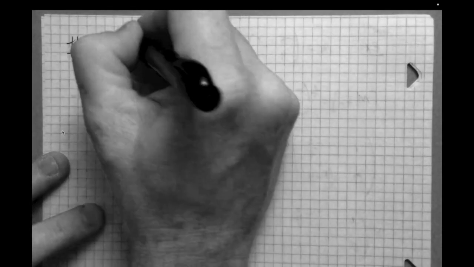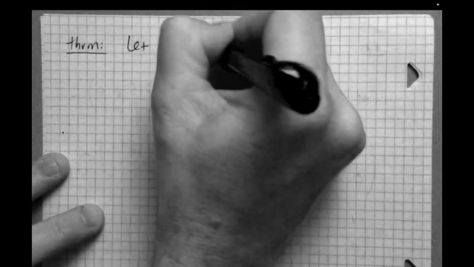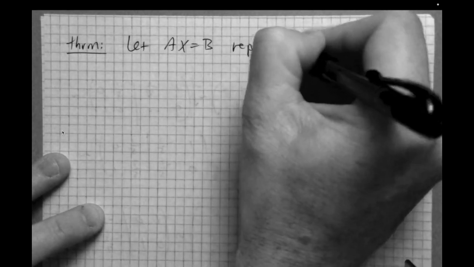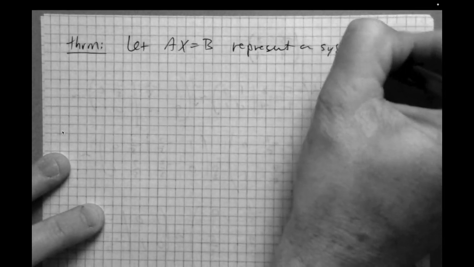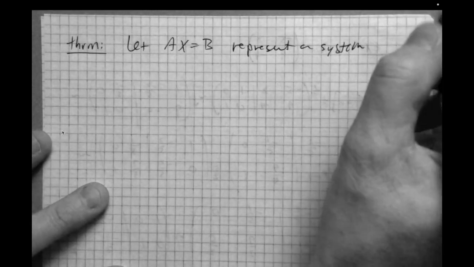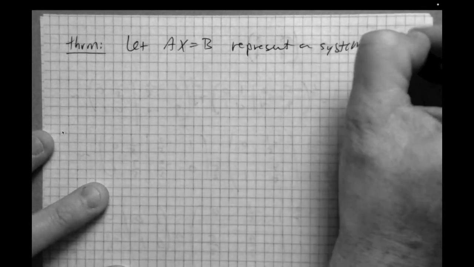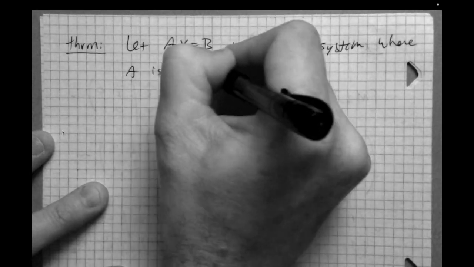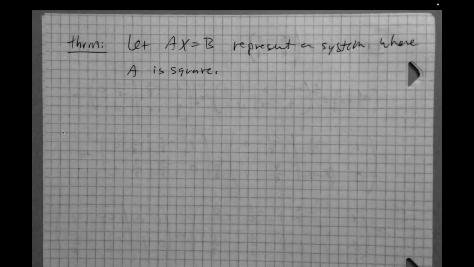Let AX equal B represent a system, and let's let it be a system where the coefficient matrix A is square. So what does that mean? It means that the number of equations is equal to the number of variables.